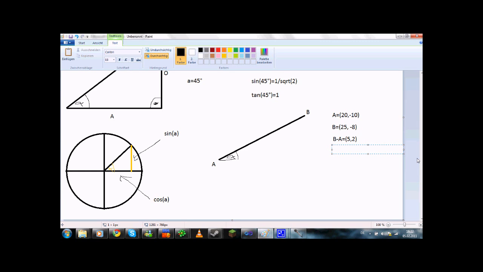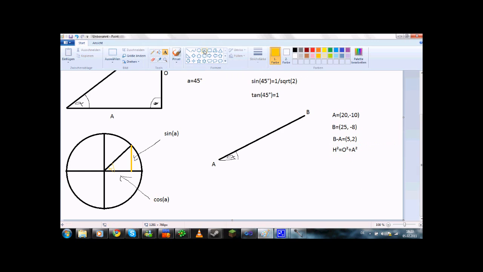It basically says h to the power of 2 equals o to the power of 2 plus a to the power of 2, where the a in this equation means the adjacent edge and not the point A here. So I should have chosen better names. But essentially, the hypotenuse of the imaginary triangle here, let me draw the triangle so it's clear what I'm referring to.